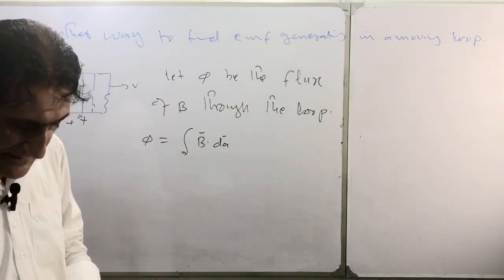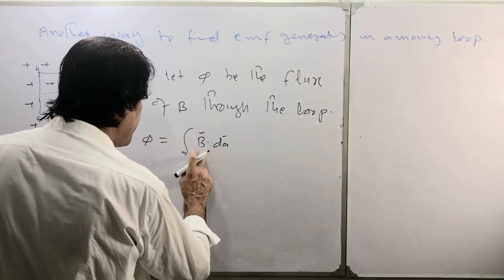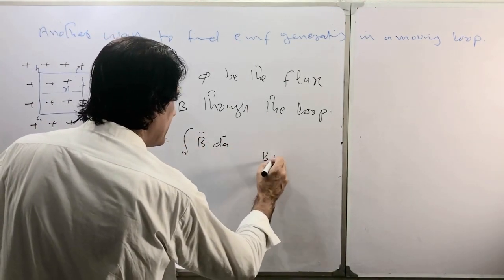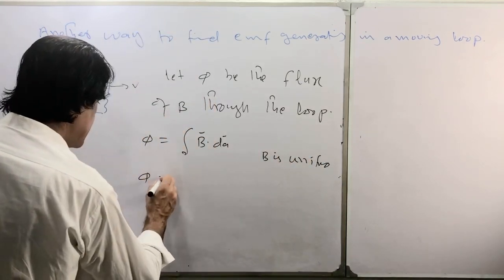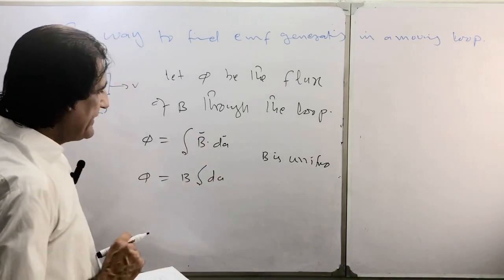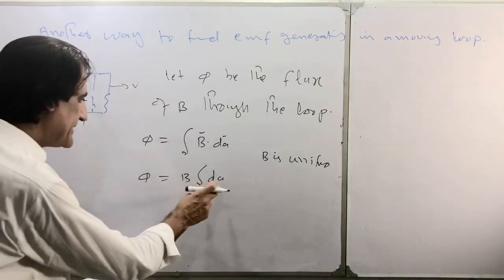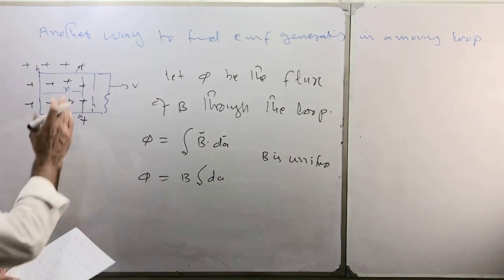This is the flux. And when B is uniform, then we can consider dA, which is the area of this loop.